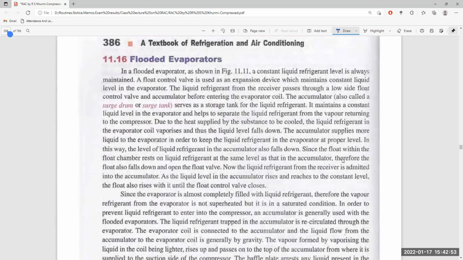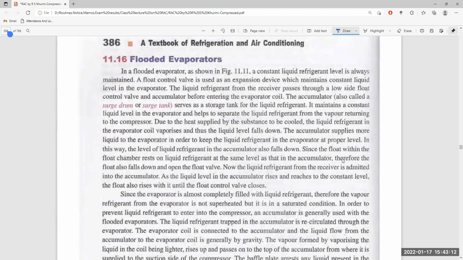A float control valve is used as an expansion device, which maintains a constant liquid level in the evaporator. The liquid refrigerant from the receiver passes through a low side float control valve and accumulator before entering the evaporator coil.